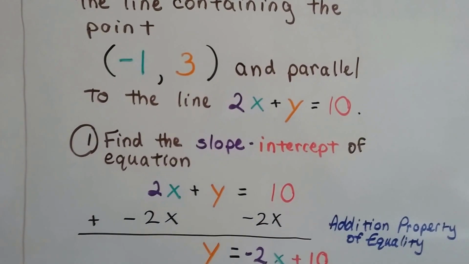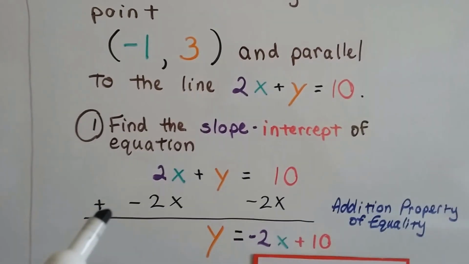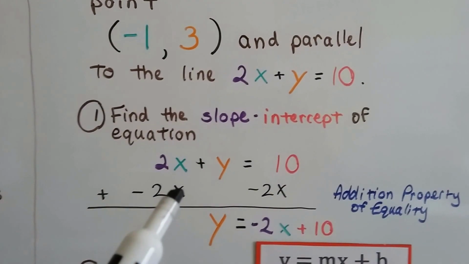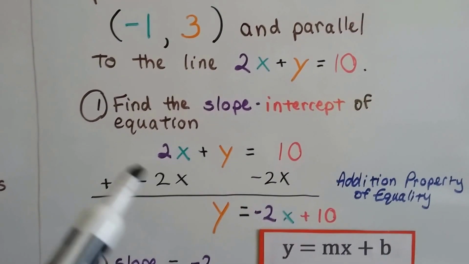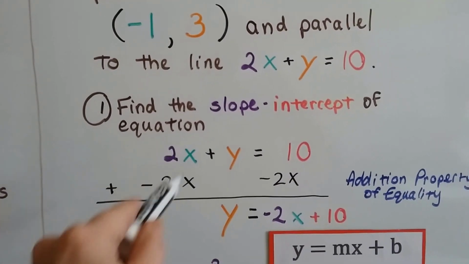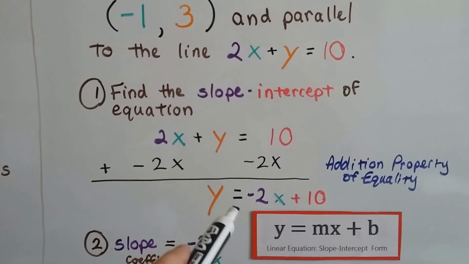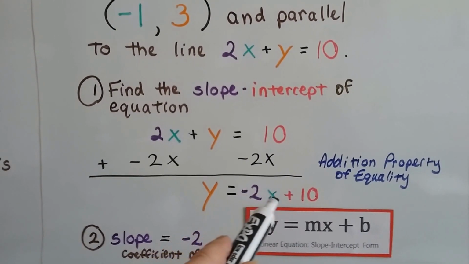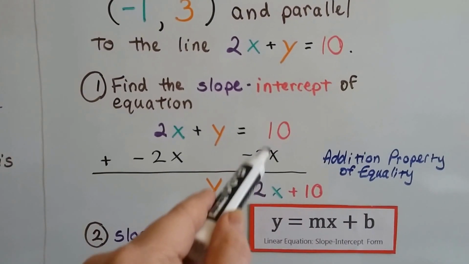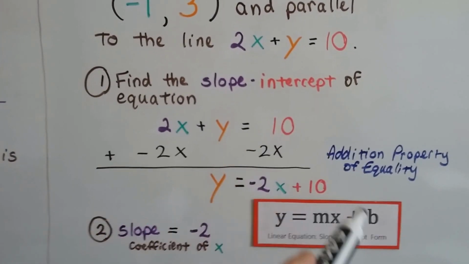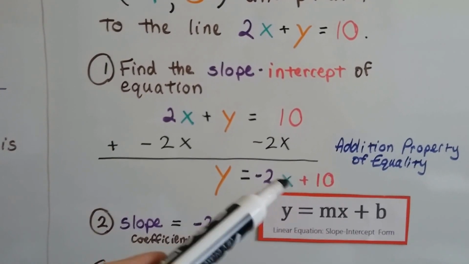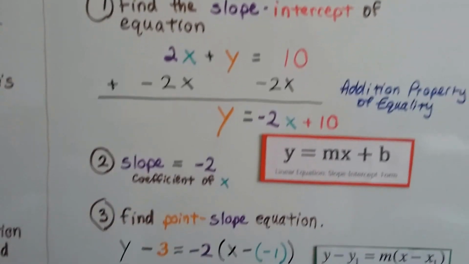So we can use the addition property of equality to add a negative 2x to each side of the equation. That's going to eliminate this one, turn it into a 0 pair. Then we have y equals a negative 2x plus 10, because the x goes before that constant 10, which is the b. We know our slope is the coefficient of the x, it's -2.